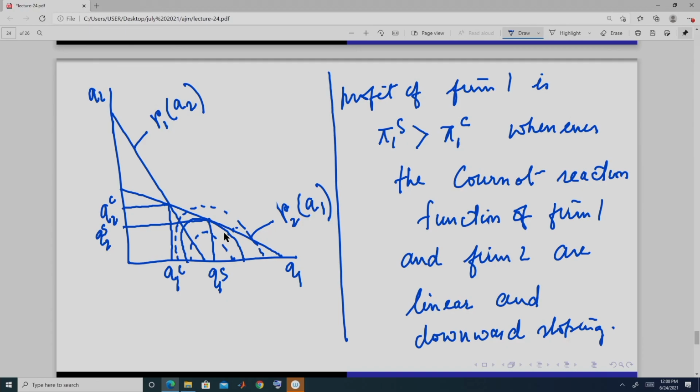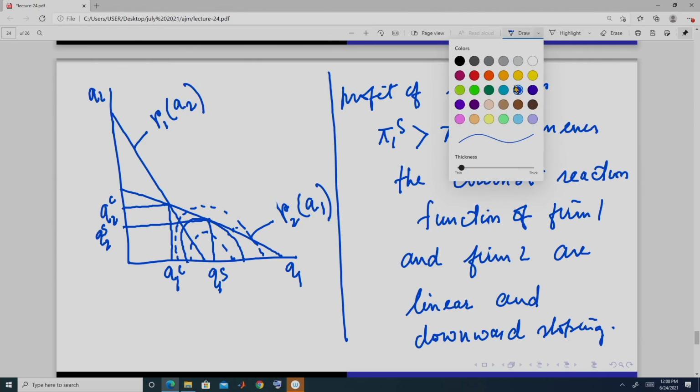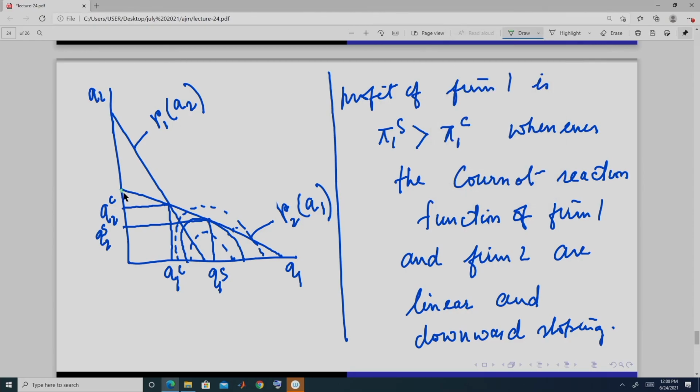Now, let us draw the similar isoprofit curves of firm 2. This is firm 2's monopoly output.